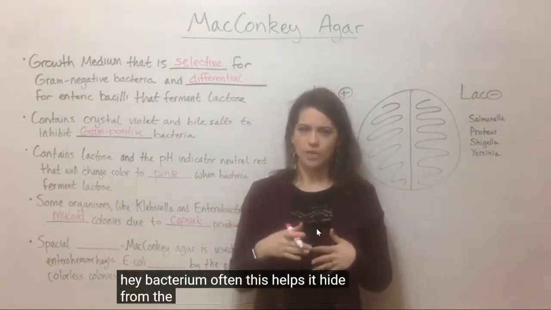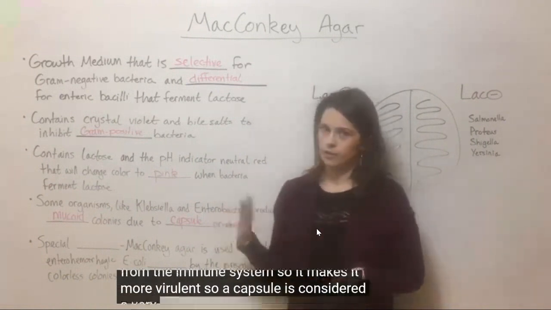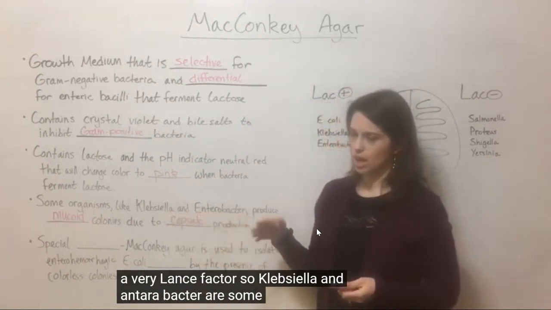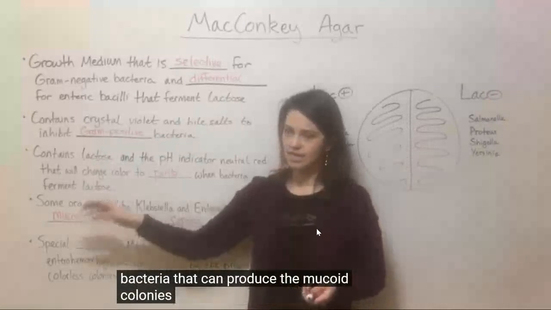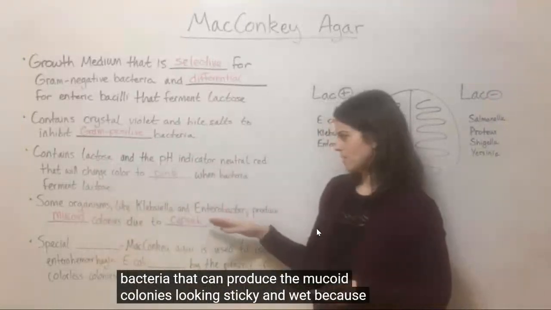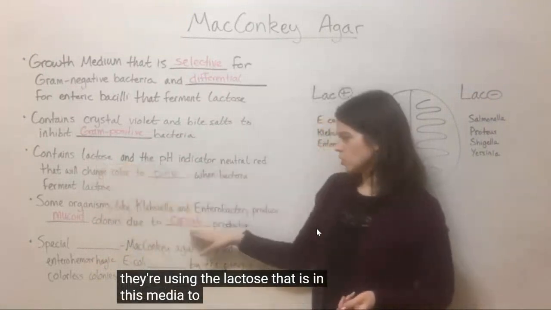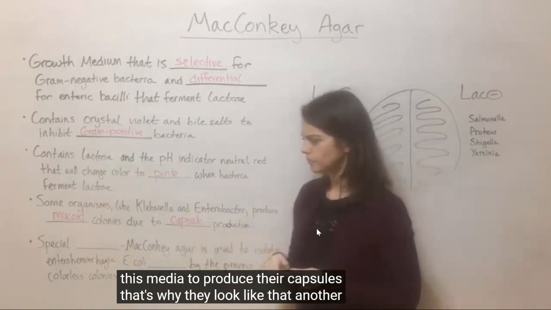Often this helps it hide from the immune system, so it makes it more virulent. It's considered a virulence factor. Klebsiella and Enterobacter are some of the types of bacteria that can produce those mucoid colonies, looking sticky and wet because they're using the lactose that is in this media to produce their capsules. That's why they look like that.